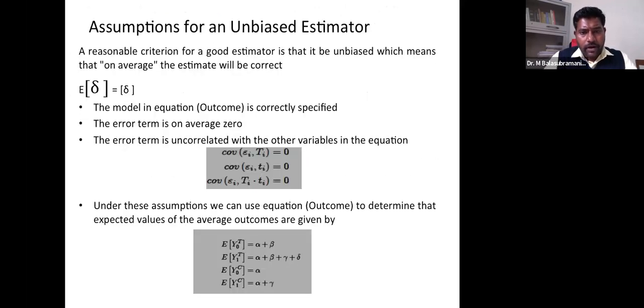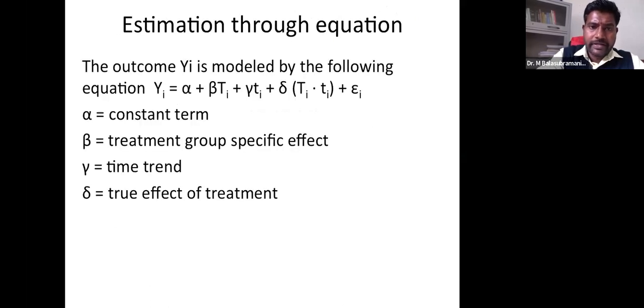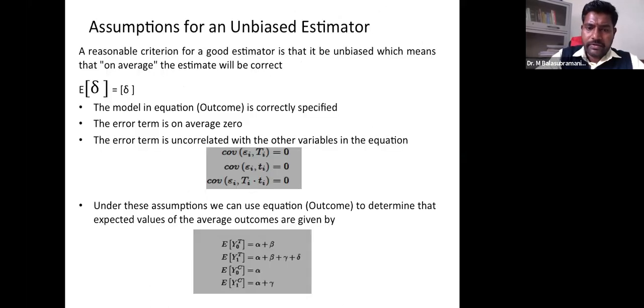Applying this, the expected value of y0t gives alpha plus beta. Understand why alpha plus beta? Alpha is common for all, because it is a constant term in the equation. Then T is the technological factor, so its coefficient comes here.